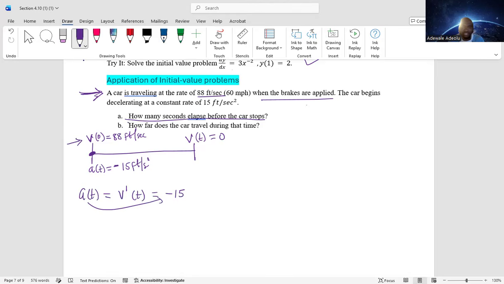Look at something here. I can form an initial value problem because I know that at 0, the velocity is 88. So if I want to write out my initial value problem very well, then I have v prime of t equals negative 15, and when t is 0, v is 88.